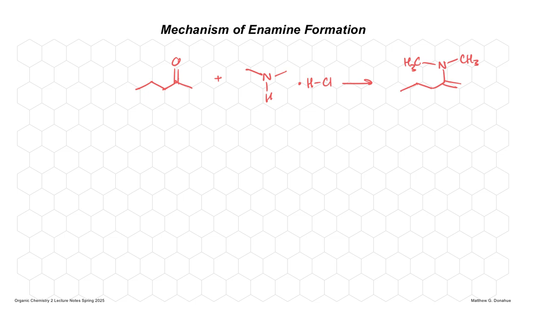So typically when you run these, we're going to use toluene as a solvent. And then we're going to heat it pretty high, 120 degrees. And again, the reason for that is because we're generating water, and we want to remove that water.